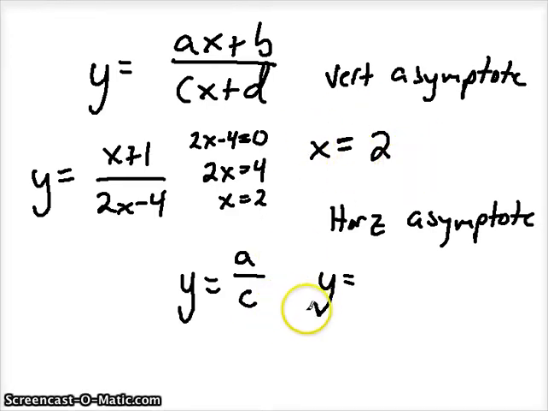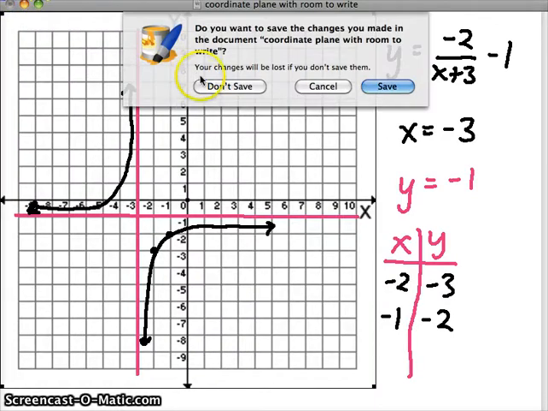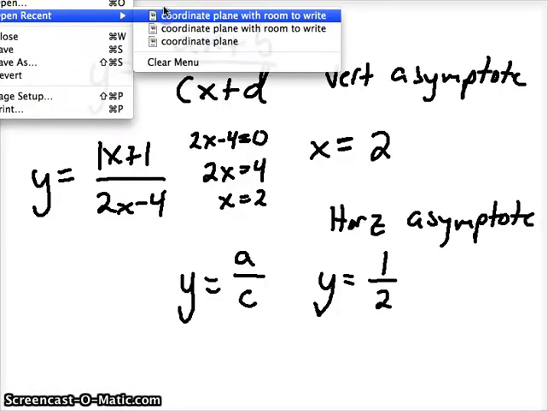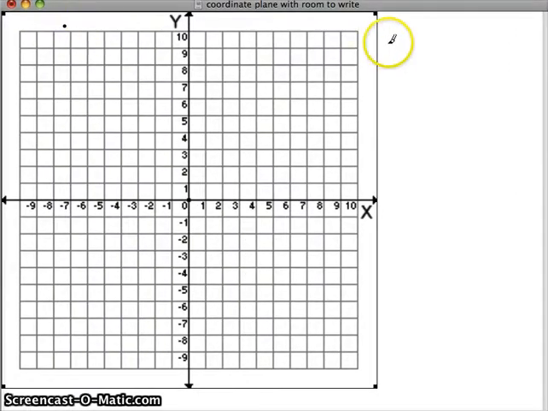Let's look at the y, or horizontal asymptote. The coefficients, so there's an invisible 1 there. So really we have 1 over 2. So at 1/2 on the y-axis, we're going to have a horizontal asymptote, where our graph will not touch. So let's see what that graph looks like. x plus 1 over 2x minus 4.